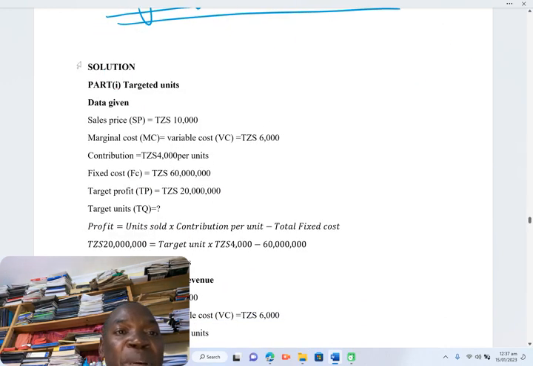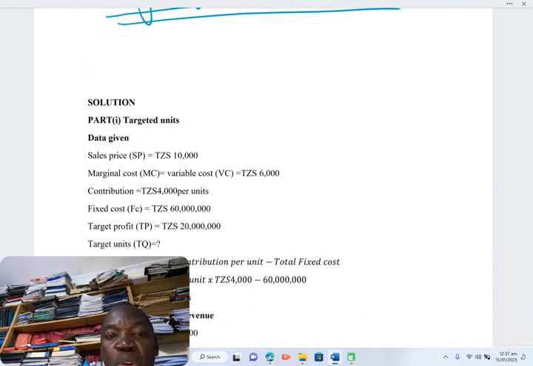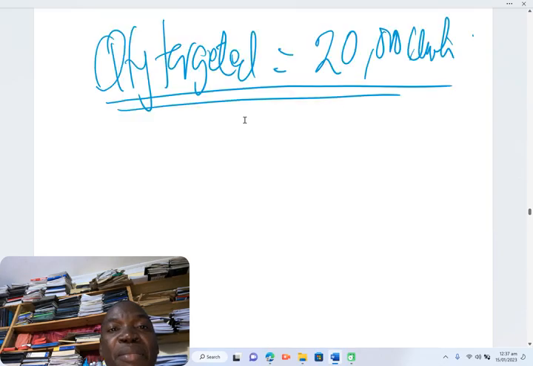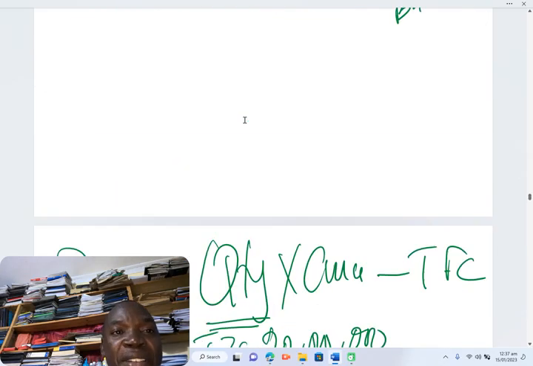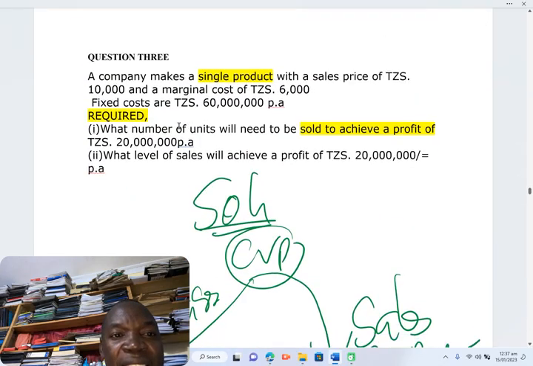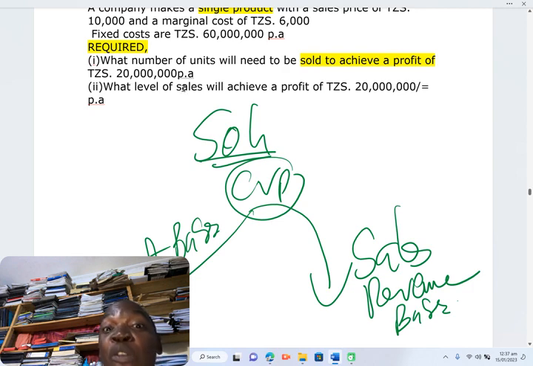Now part B talks about targeted profit against targeted sales revenue. He said, what is the level of sales which will achieve a profit of 20 million shillings? So he is asking us for the sales revenue.